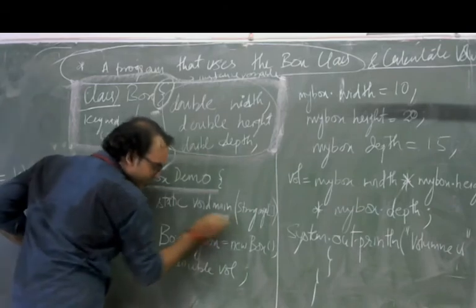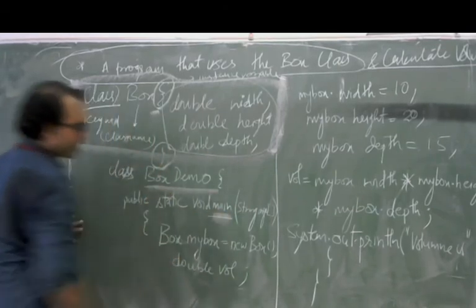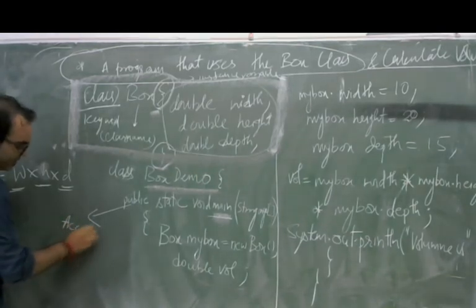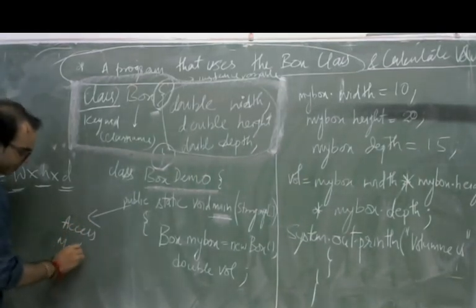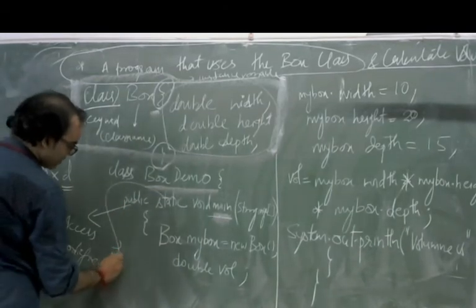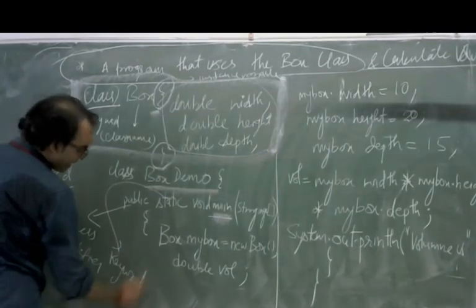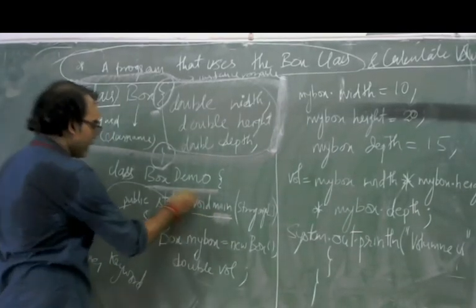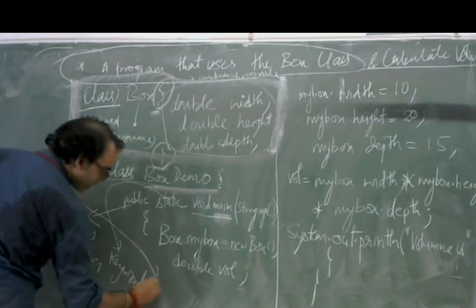This is our main function. This is our access modifier. This is the static keyword. This is the return type, void as return type.